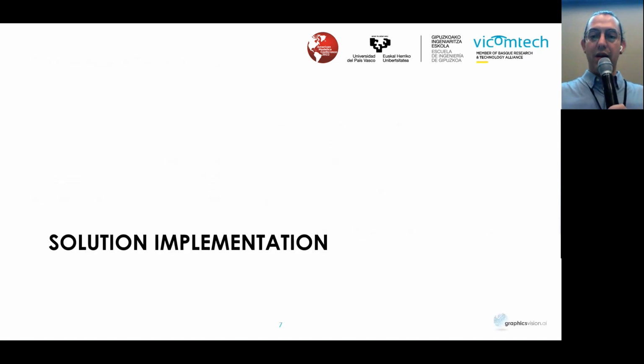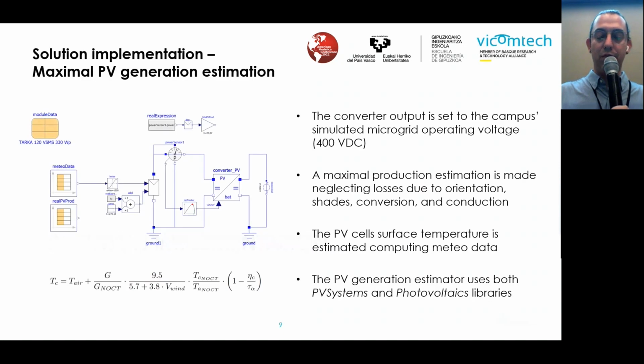So the solution then is to build models of the different energy sources and the loads, and estimate the energy needs of those that are not monitored, and use this later for demand response. That part is not covered in this presentation.